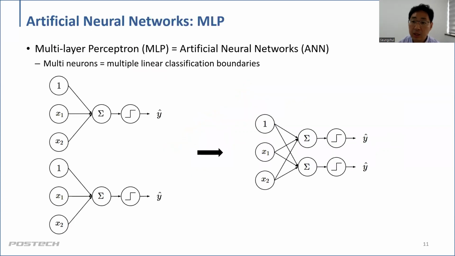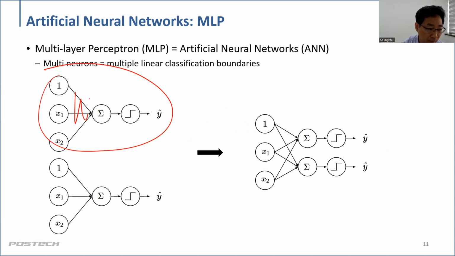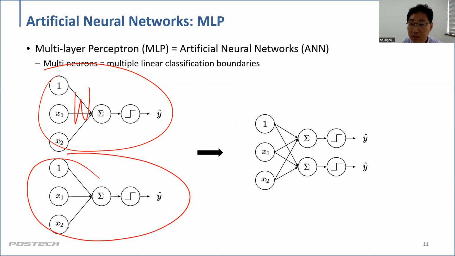And like I said, in the perceptron, these represent one line, with weights omegas. If you have another perceptron, say omega 1, and these are omega 2, now we have two lines, which represent multiple linear classification boundaries.